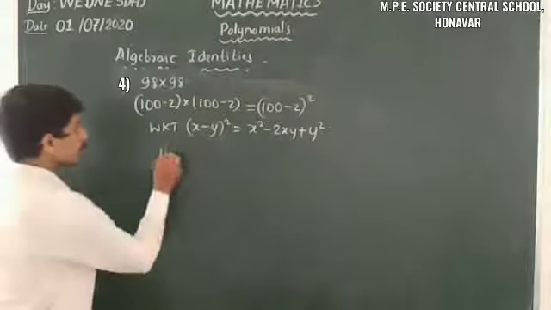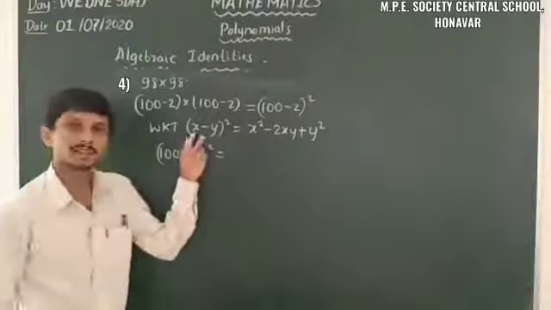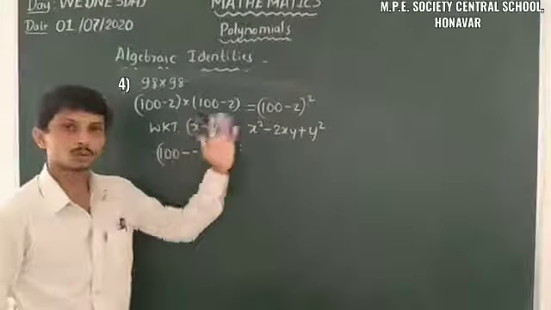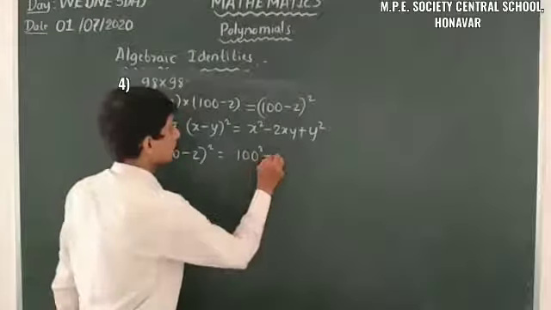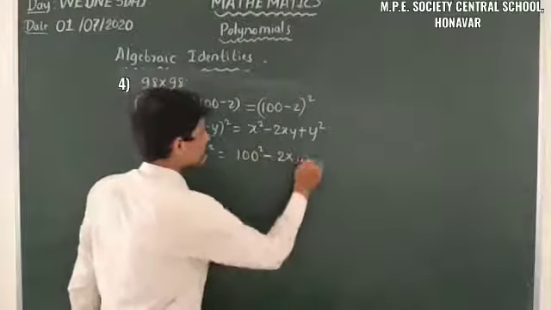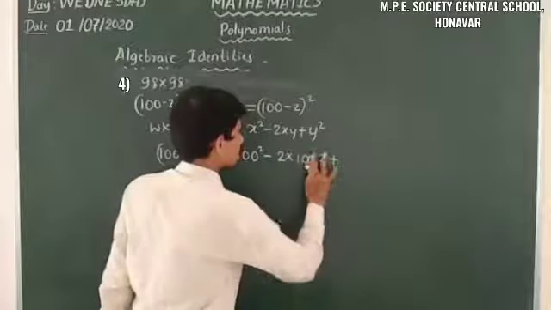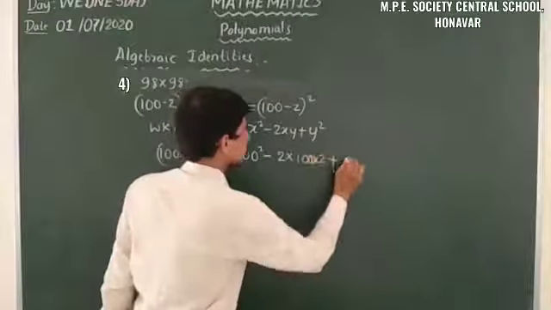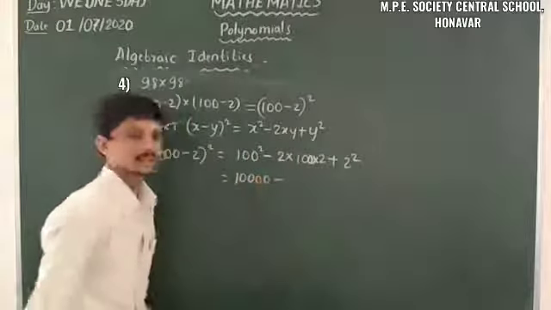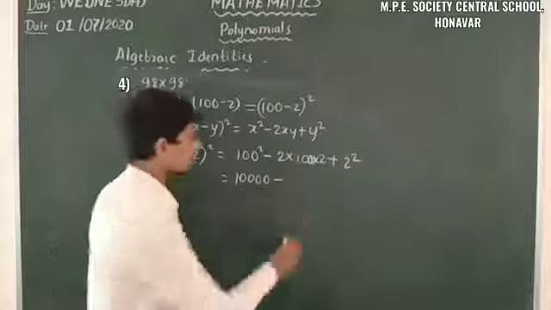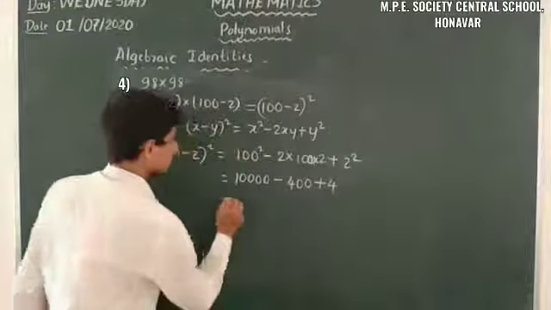That is (100 − 2)². We substitute x = 100 and y = 2 in this identity. That is 100² − 2 × 100 × 2 + 2², which is 10,000 − 400 + 4.